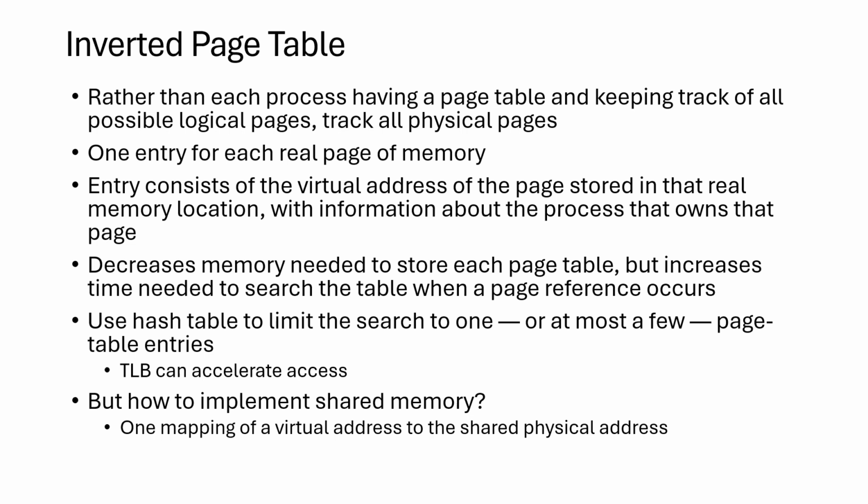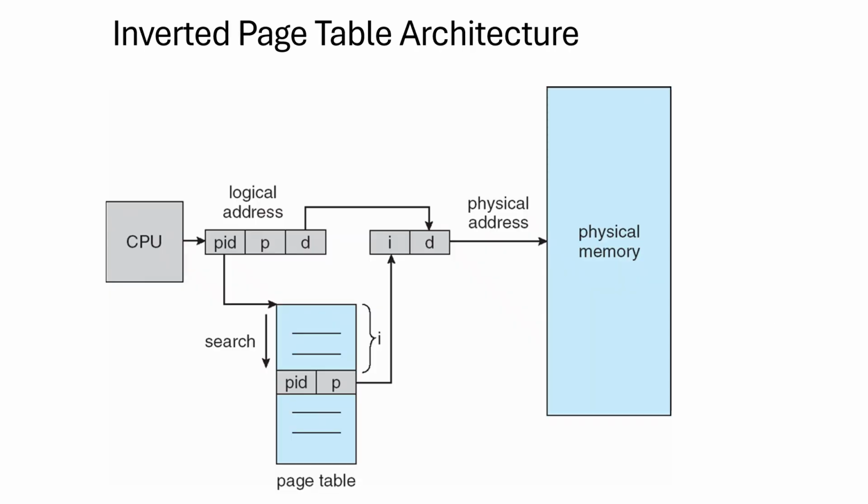It decreases the memory needed to store page tables but increases the time needed to search the table when a page reference occurs. So we use a hash table to limit the search to one or at most a few page table entries, and the TLB can accelerate access. One mapping of virtual address to the shared physical address is required for shared memory.